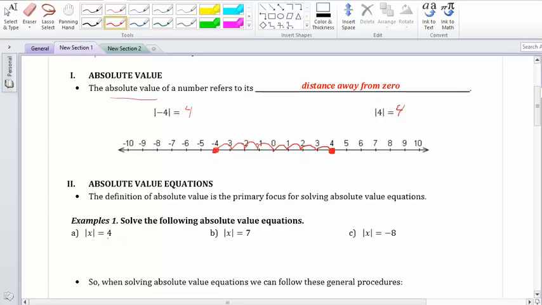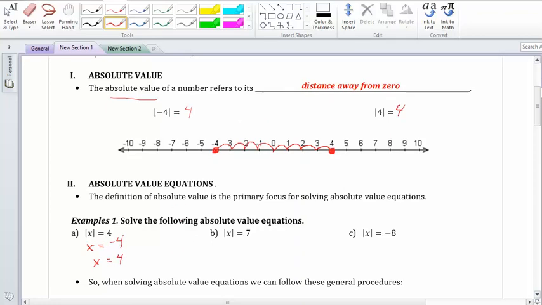So if we're going to take a number and make it 4, that number has to have a distance of 4 away from 0. Basically, what two numbers can we take the absolute value of to get 4? Well, we just saw it up here. We took the absolute value of -4 and the absolute value of 4 to get 4. So down here, we're going to say x equals -4 and x equals +4.